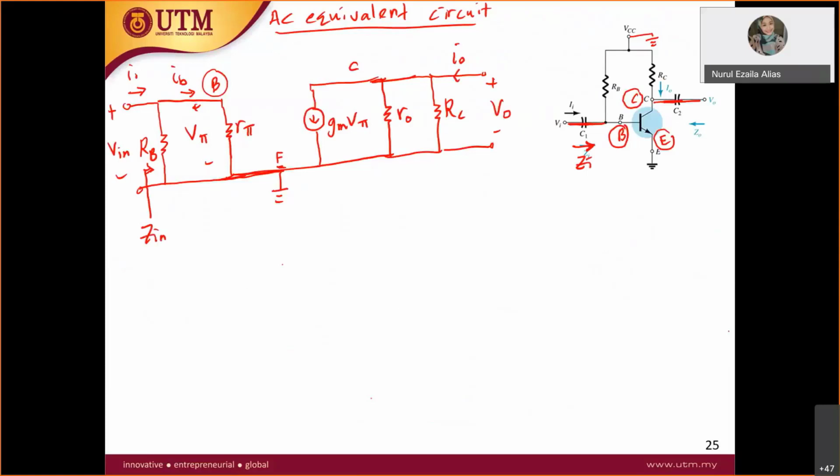Z out is from this point, so this is your Z out. You have to put very clearly all the parameters needed. This is how you transform. Do you have any question before we derive the other parameters?